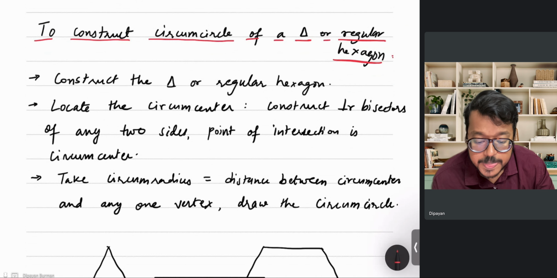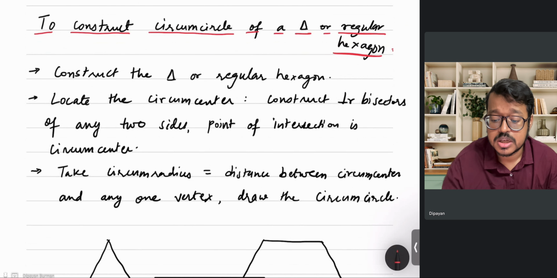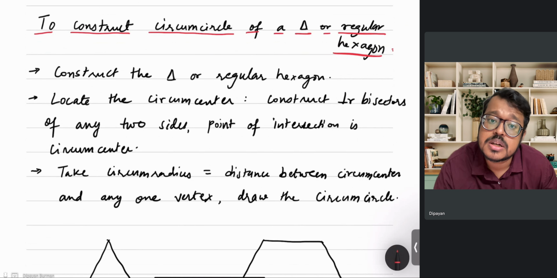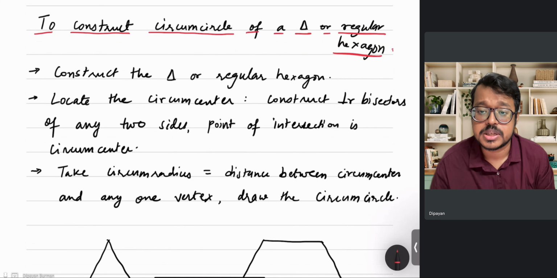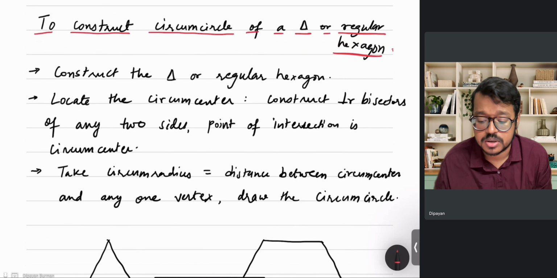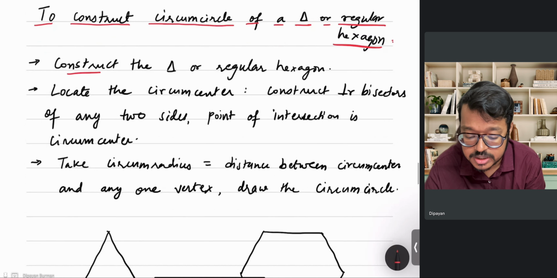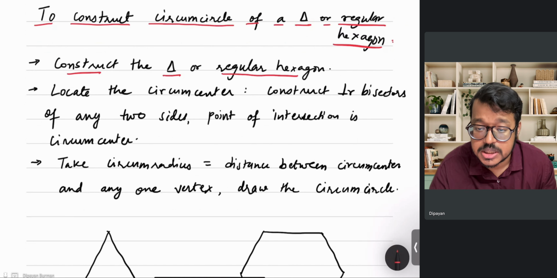So here, as part of your chapter on constructions, you will have to construct the circumcircle of a triangle or a regular hexagon. Whenever the question is about constructing a circumcircle, or circumscribed circle, to your triangle or regular hexagon, the first thing is to construct the triangle or regular hexagon with your scale and compass.